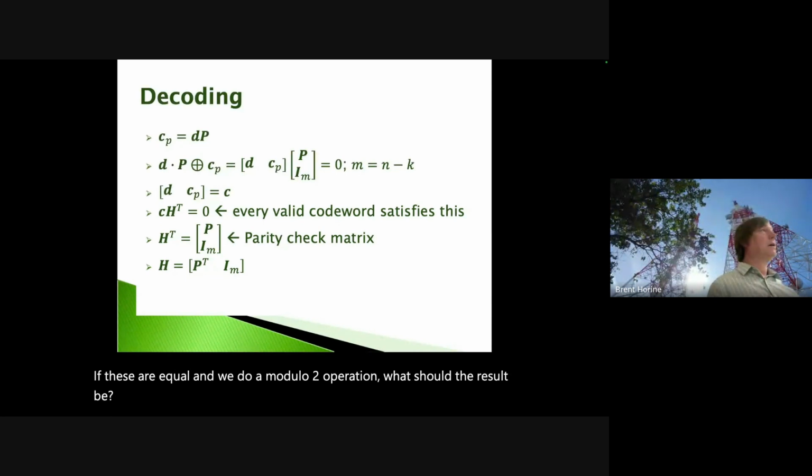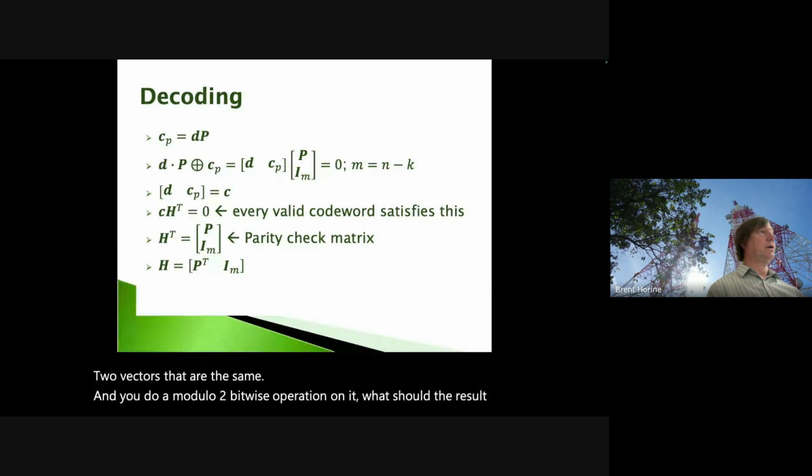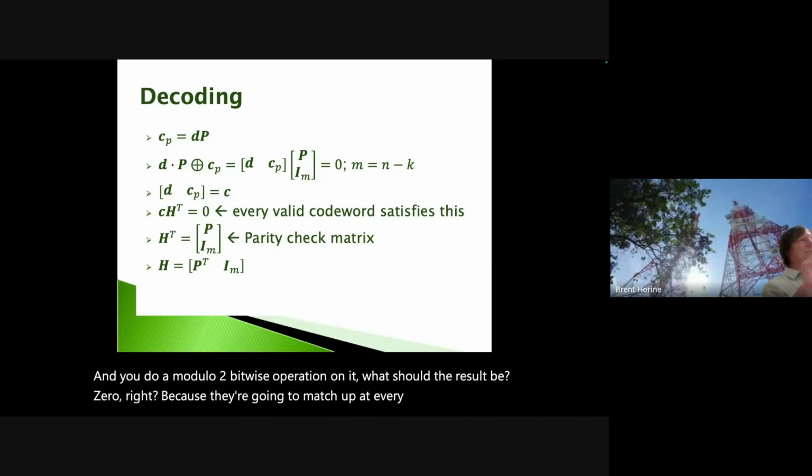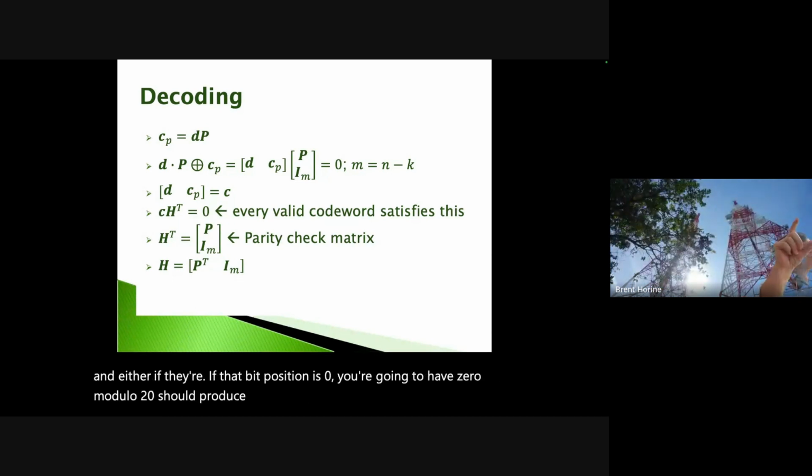If you take two vectors that are the same and you do a modulo 2 bitwise operation on it, what should the result be? 0, right? Because they're going to match up at every single instance, and if that bit position is 0, you're going to have 0 modulo 2, 0 should produce 0. 1 modulo 2, 1 should also produce 0, right?